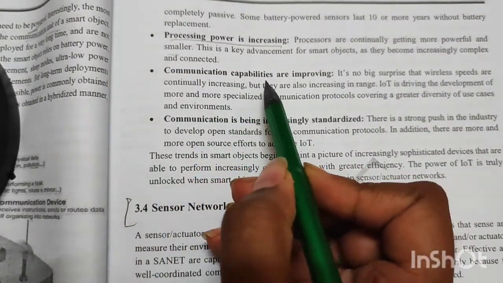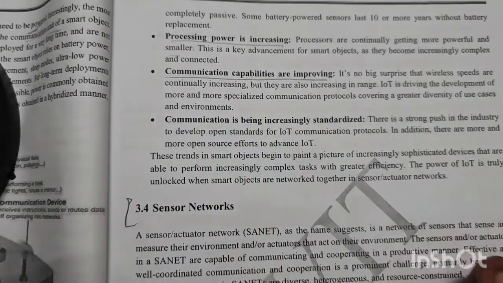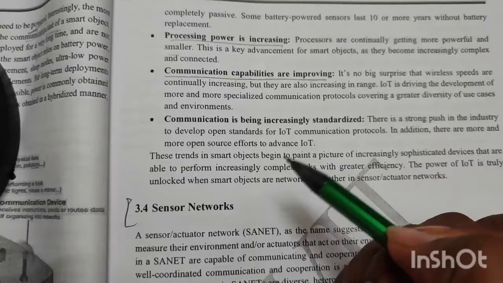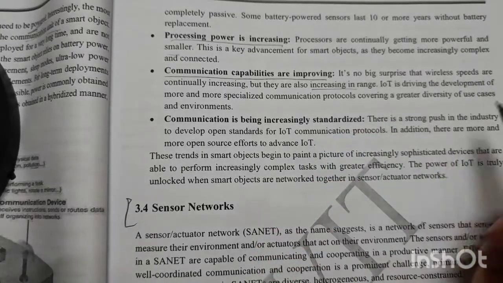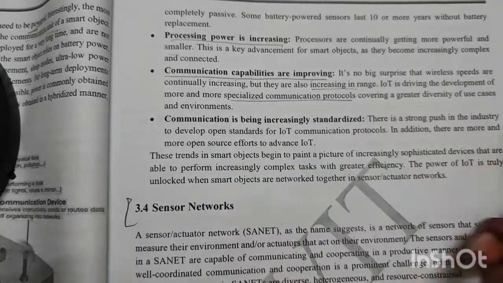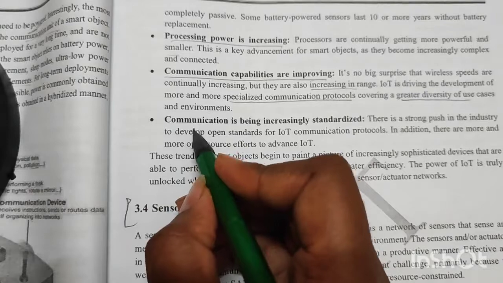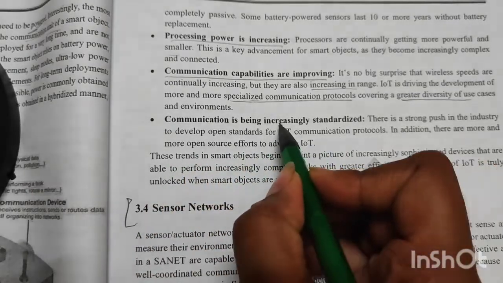The communication capabilities are improving. You are trying to increase the range by making it better for communication, with specialized communication protocols covering a great diversity of use cases and environments. Communication is being increasingly standardized.